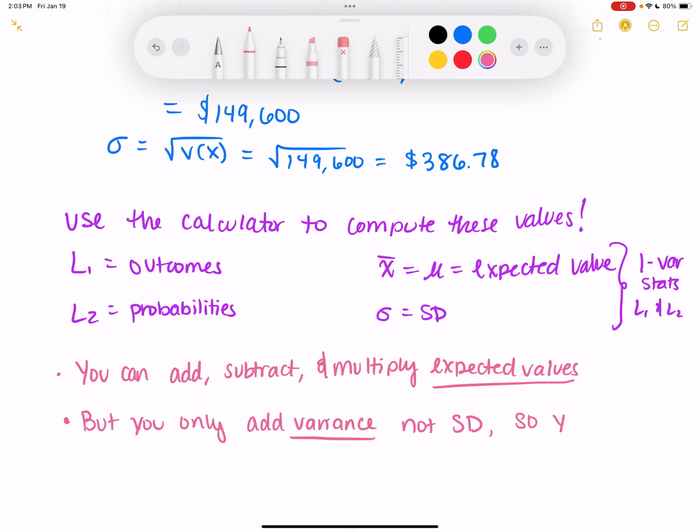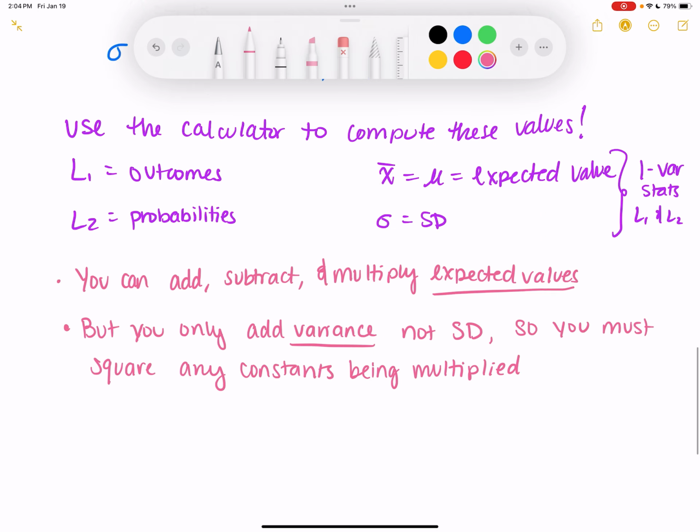So you must square any constants being multiplied and absolutely never subtract variances.